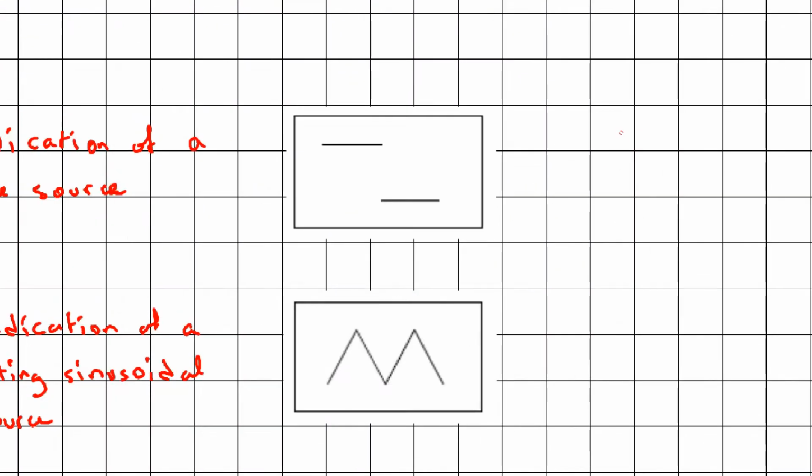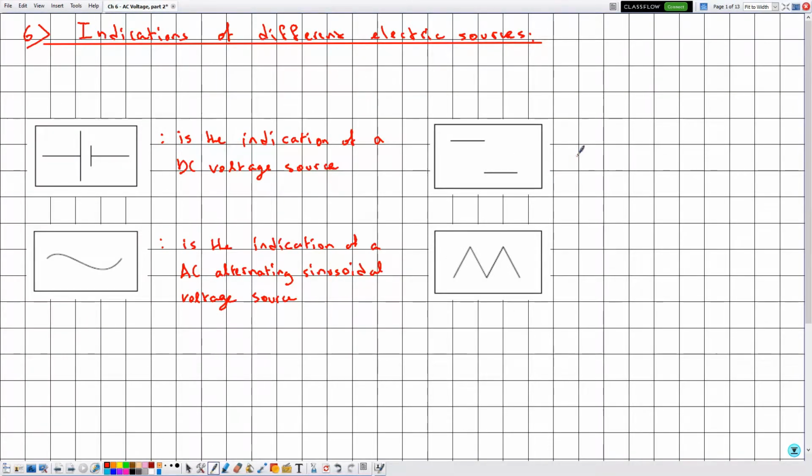As for this one, this is also alternating, but instead of sinusoidal it is a square.